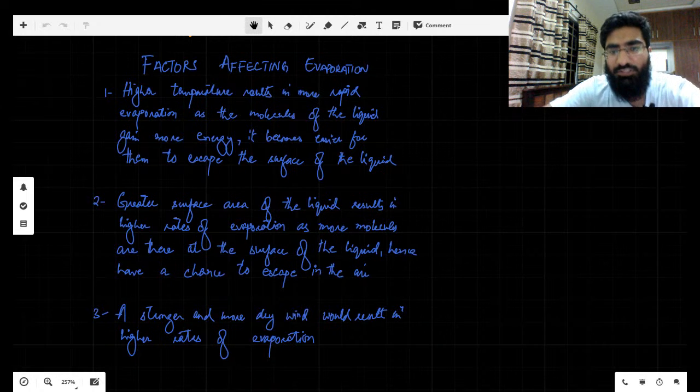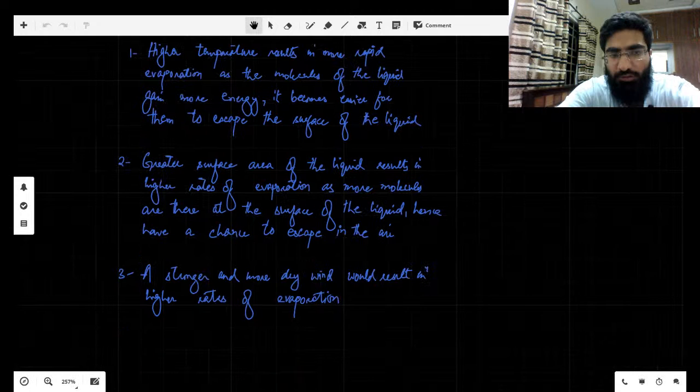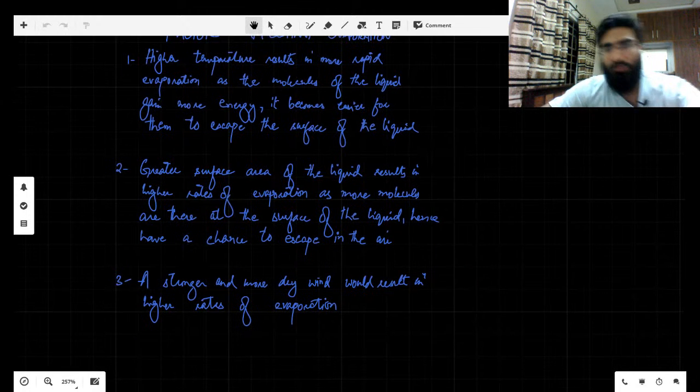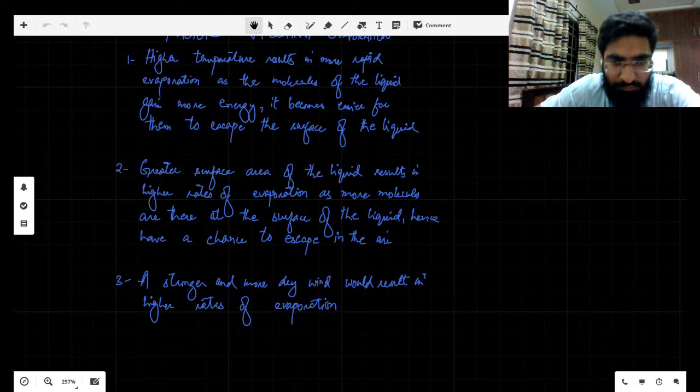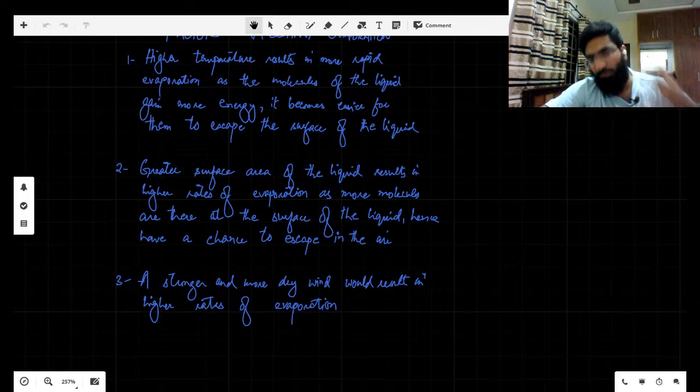By the way, the second point is the reason that if you want to get rid of any unwanted liquid, it is spilled over a larger surface area so that it evaporates more quickly. And this third point is the reason that when it's more windy, the clothes laid out to dry in open air dry more quickly because they lose their water content more easily.